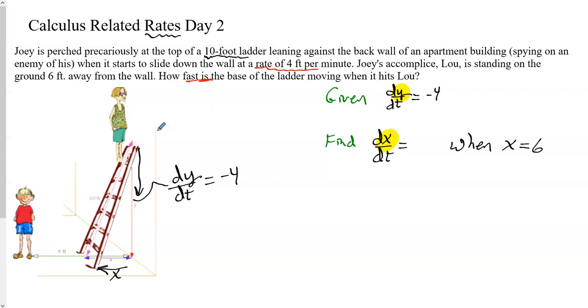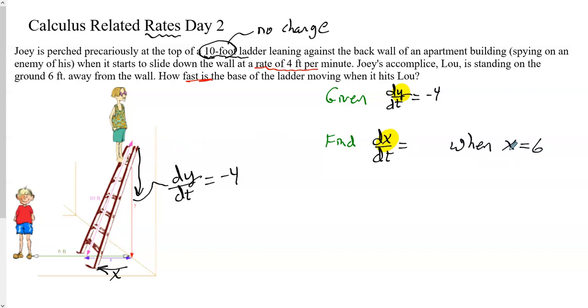If I look at this picture, notice that the author already put the 10 feet on the ladder. This is a distance that did not change, and we want to put those in right away. There's no change here. It's a 10-foot ladder no matter how it slides.